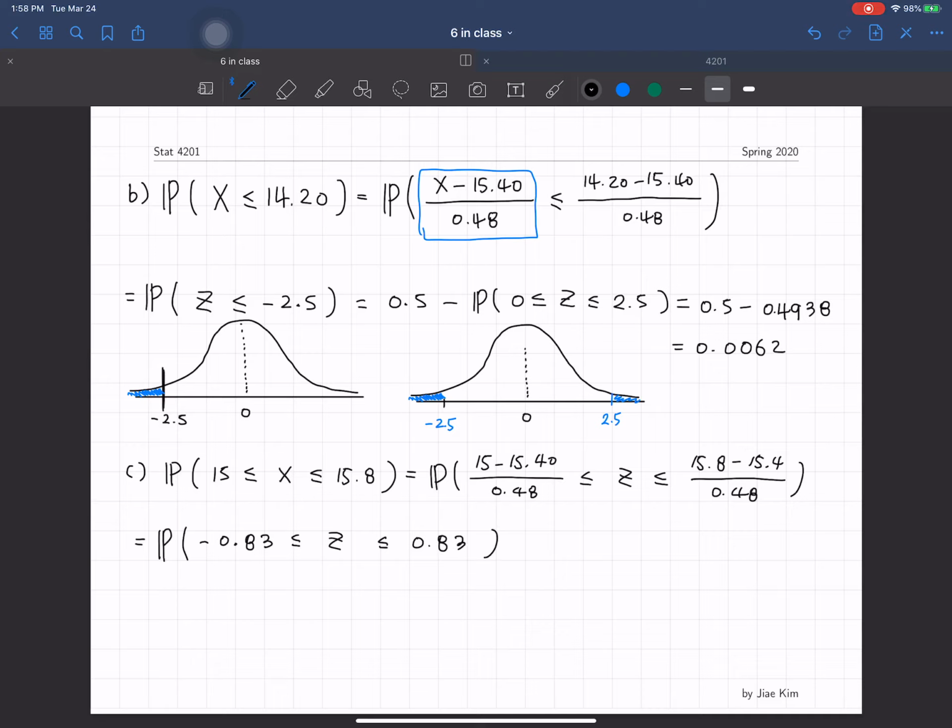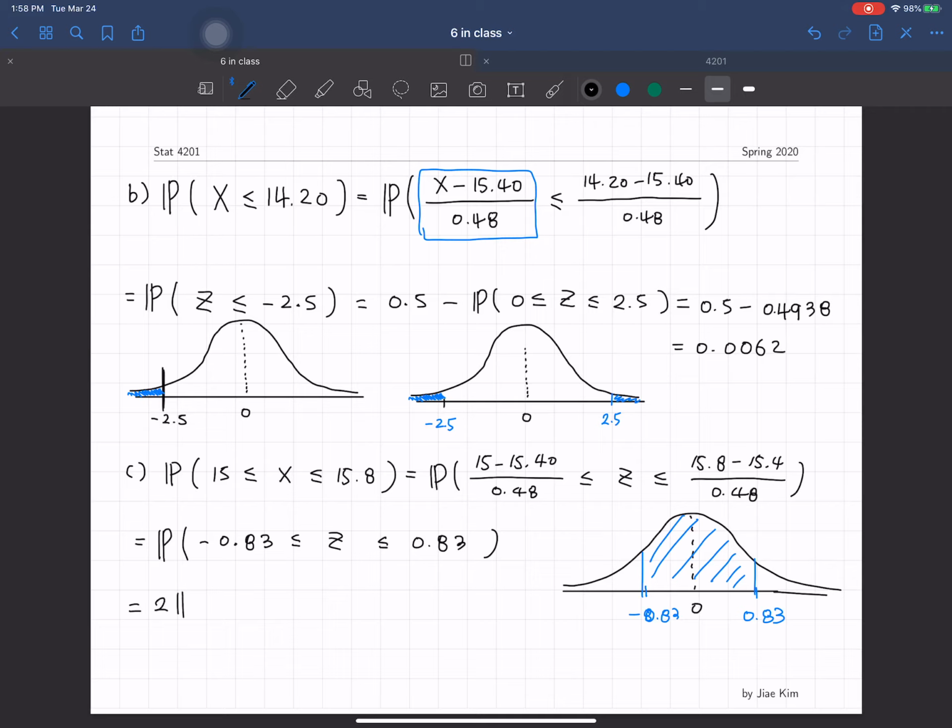Because of the symmetry, let me draw a picture first. Again, the same bell-shaped symmetric curve, symmetric at 0, and we are looking at the probability of Z being between negative 0.83 and positive 0.83. Even though my picture is not that symmetric, we know for sure that the probabilities on the right side of 0 and the left side of 0 are the same.